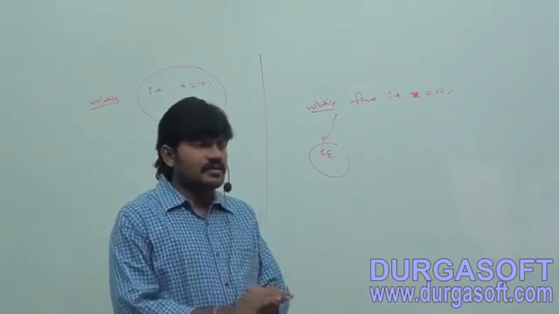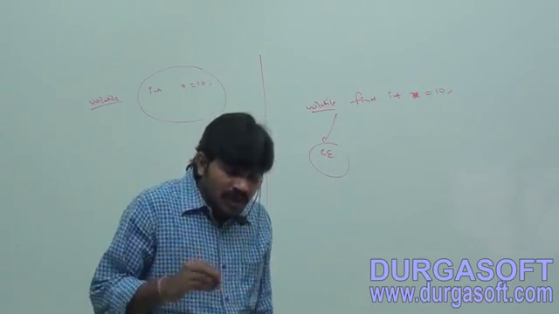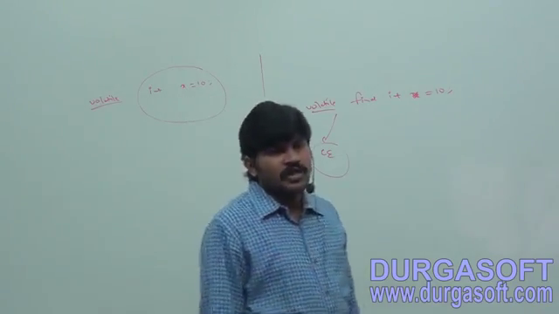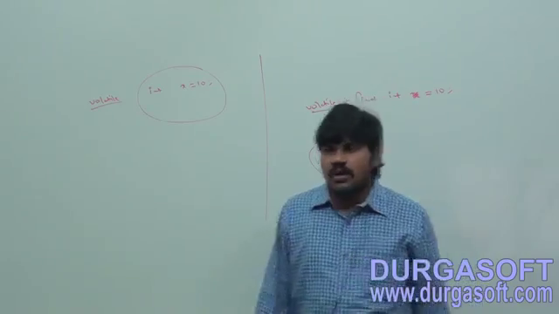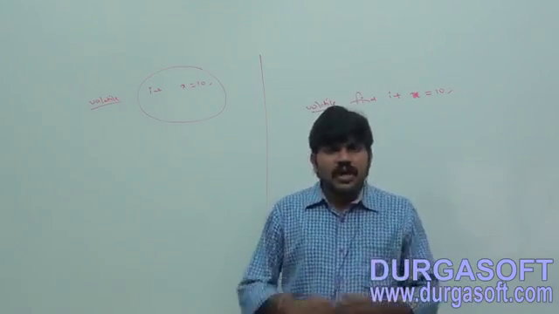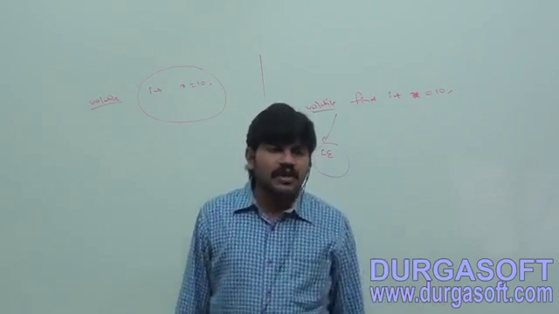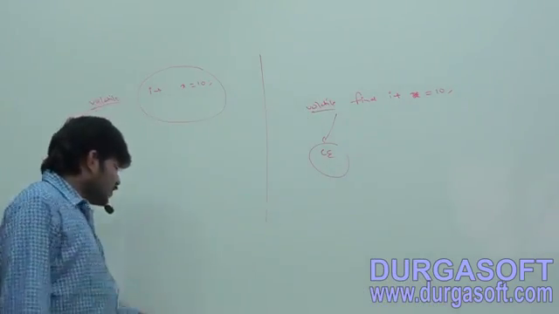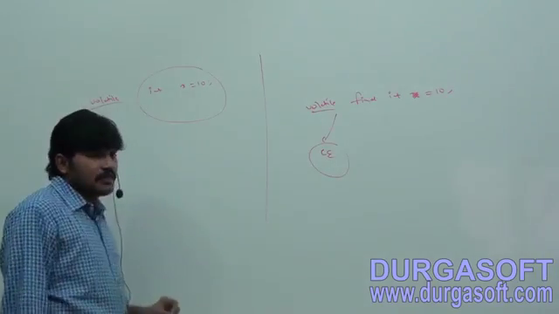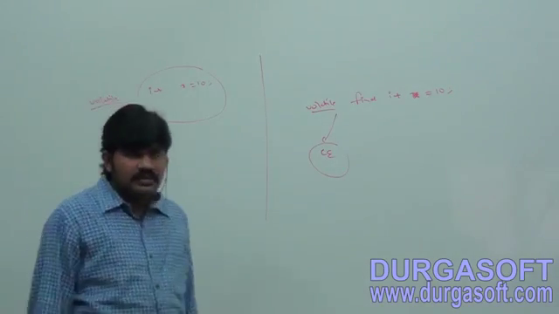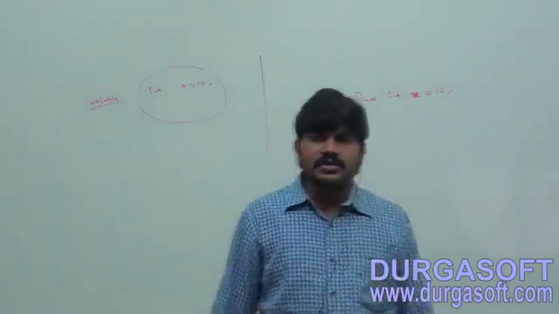Whereas a volatile variable means the value keeps on changing.